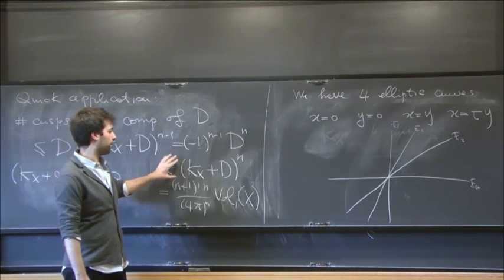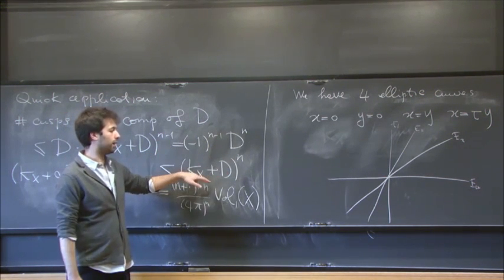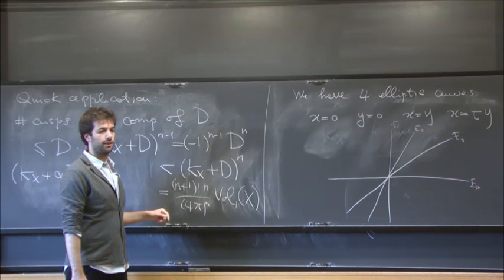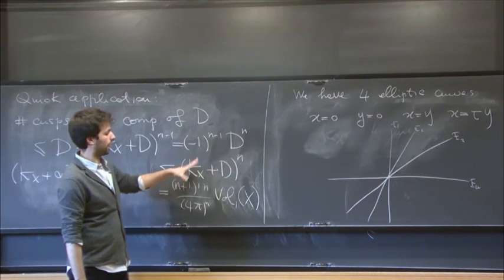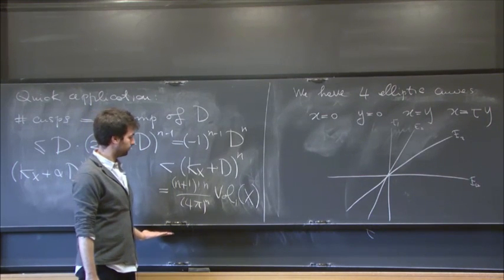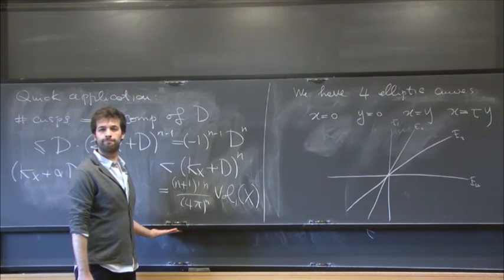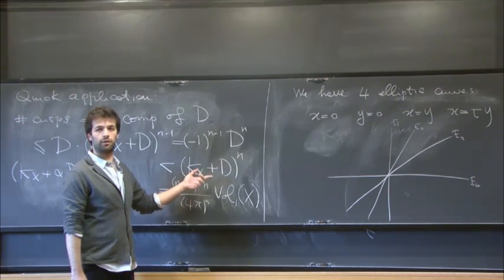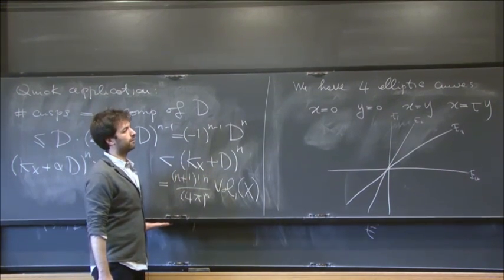So at least Parker got something which is a polynomial in K_X plus D, which is not a linear polynomial. It's to some power, yeah.